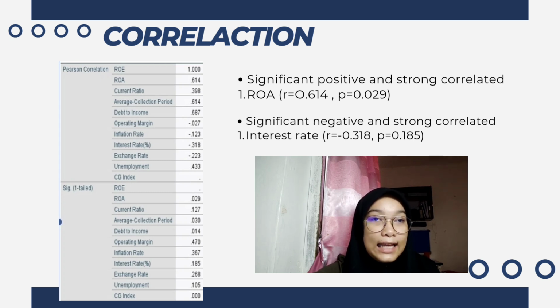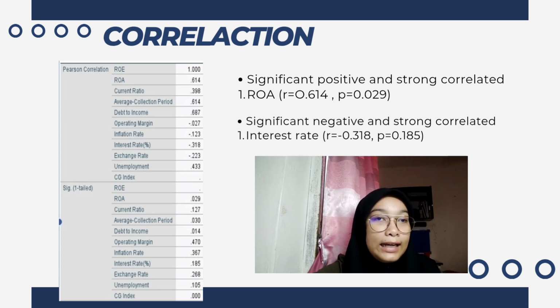This variable has an even stronger and significant positive correlation with ROE, equal to 0.687 and P equal to 0.014. This suggests that companies using more debt compared to their income can potentially enhance their equity return, indicating effective use of leverage.